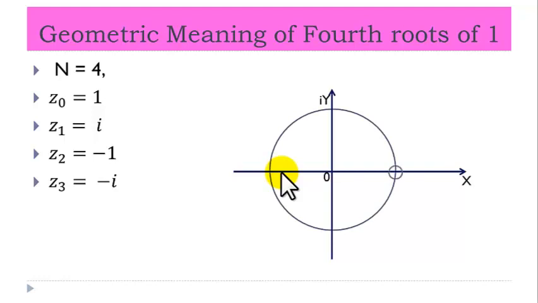This is the point z0, this is the point z1, this is the point z2, and this is the point z3. And these points z0, z1, z2, and z3, you can see are the vertices of a square inscribed in this unit circle.